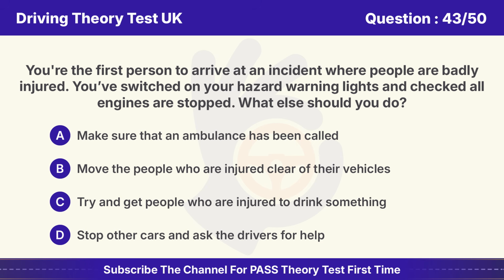Question 43. You're the first person to arrive at an incident where people are badly injured. You've switched on your hazard warning lights and checked all engines are stopped. What else should you do? Answer is A. Make sure that an ambulance has been called.